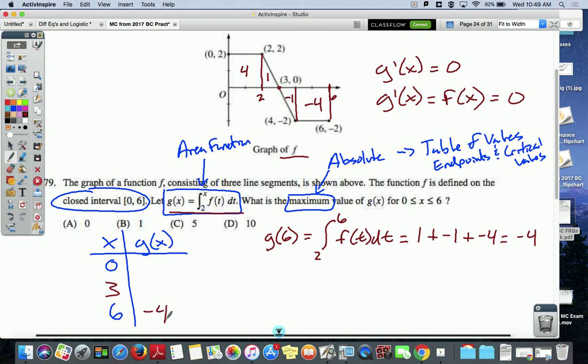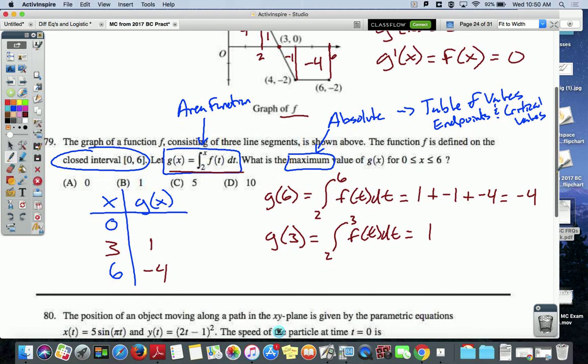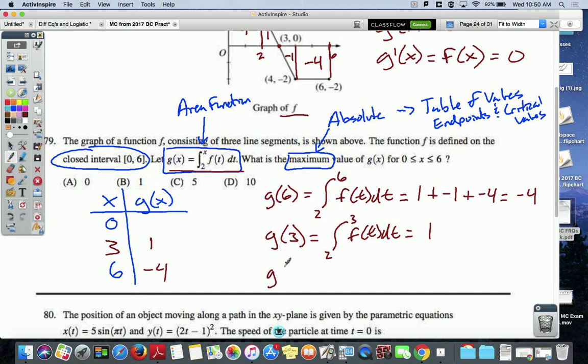Now I'm going to do the same thing for the other 2. For g of 3, I'm going to look at the integral from 2 to 3 of f of t dt. And for this one, that's just that triangle. That's a 1. And then the next one, g of 0, gives me the integral from 2 to 0 of f of t.